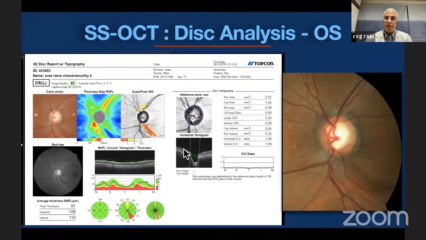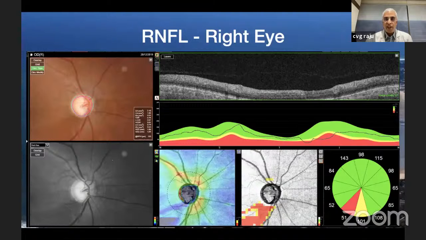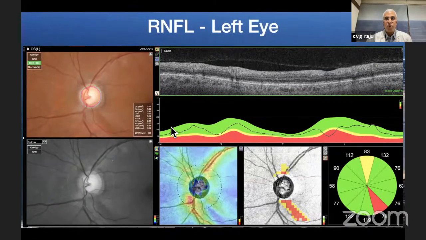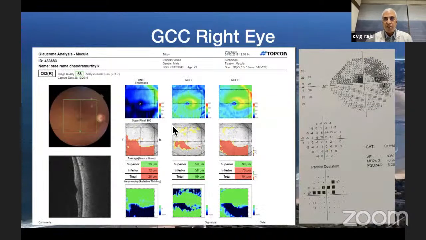Whereas in the left eye, we can definitely see the RNFL defect and then the inferior notching. That corresponds very well with the imaging of the disc with the OCT. And then the next is the RNFL analysis, which I think is perfectly matched in both the clinical and the imaging technology.